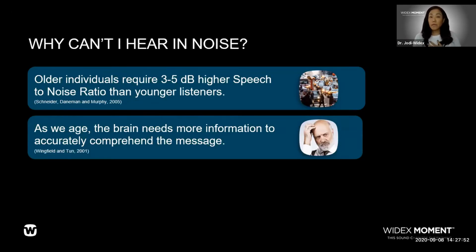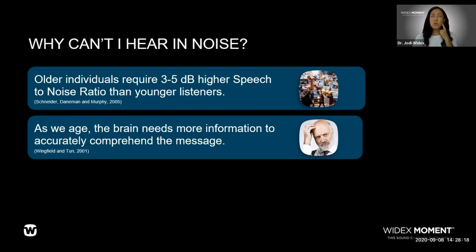We already know that in noise, the more that we can control the background noise, the easier it is for us to listen. We also know that the brain actually needs more information as we get older. The brain needs more information from lip cues or facial cues in order to understand what has been said.